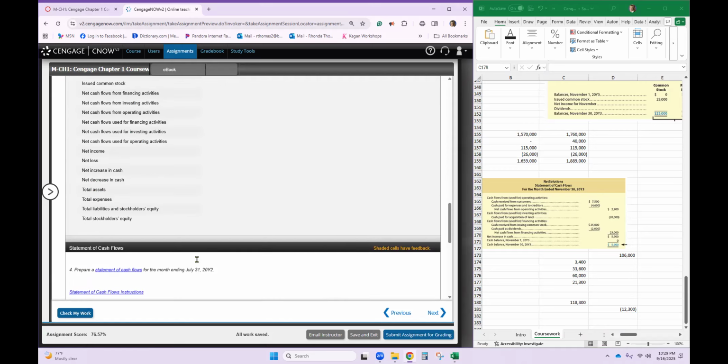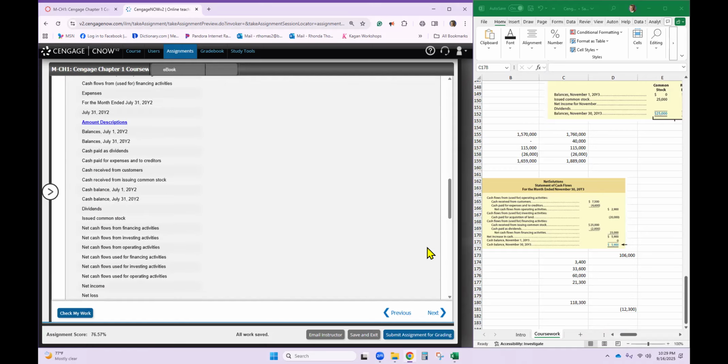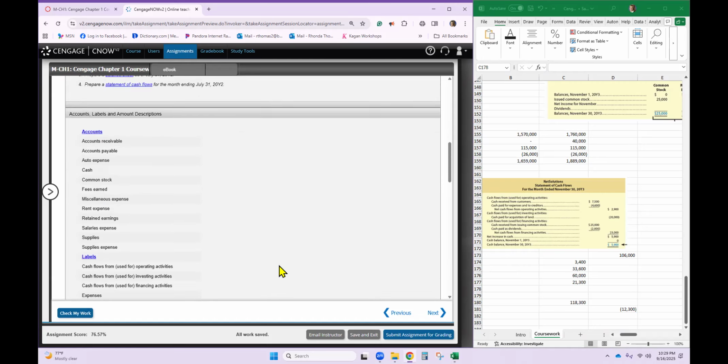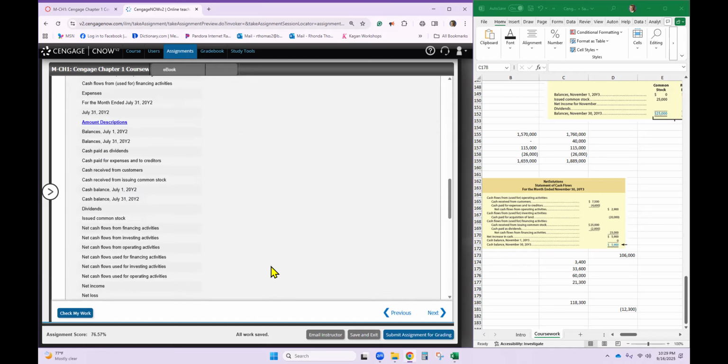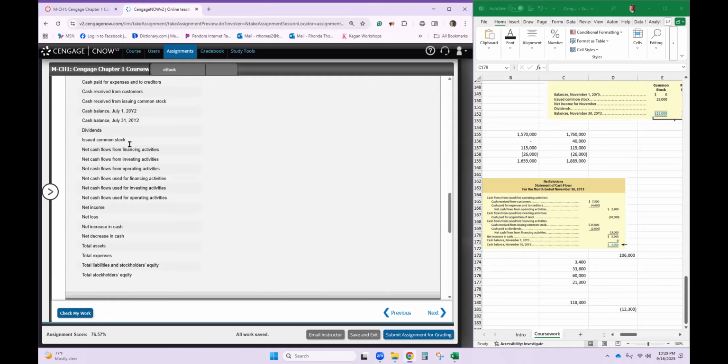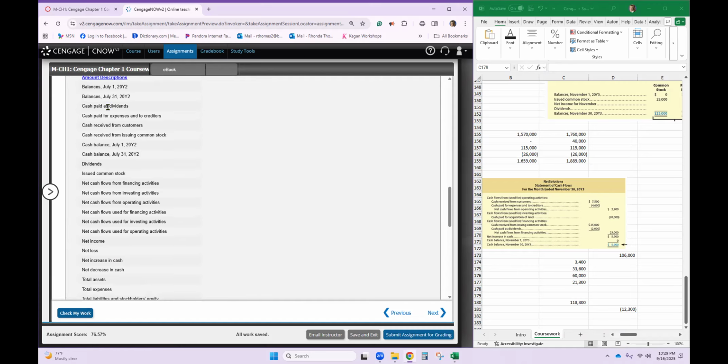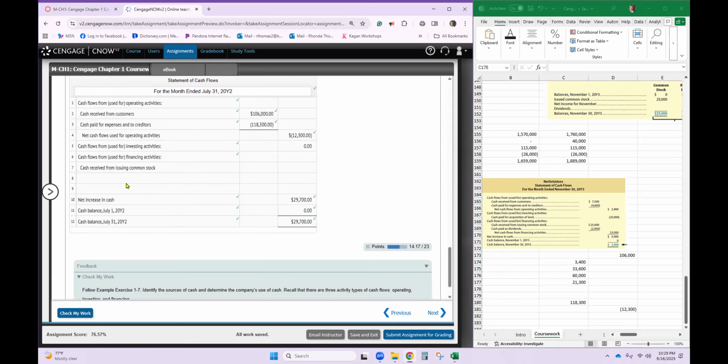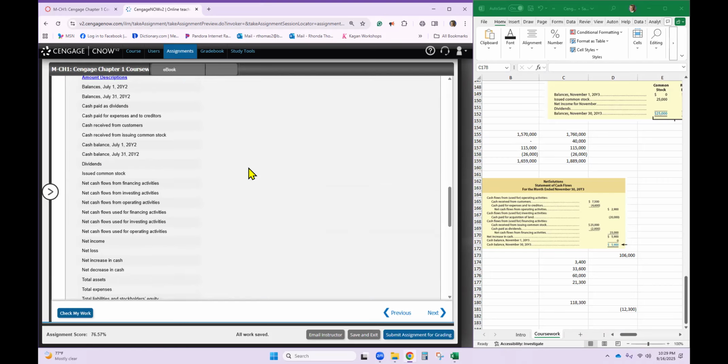So financing had cash received from issuing common stock. There it is. And then I think we had cash paying out for dividends. Let's put these in. Cash paid out for dividends. Cash paid out as dividends. Okay, so we go back up to the grid.